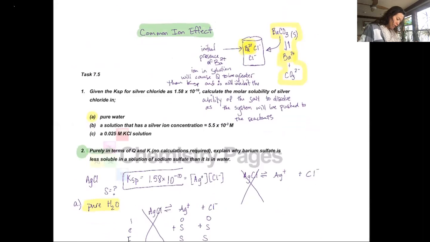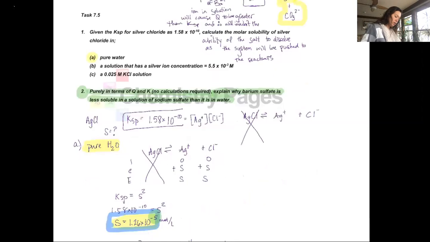Purely in terms of Q and K, no calculations, explain why barium sulfate is less soluble in a solution of sodium sulfate than it is in water. How would we explain that?